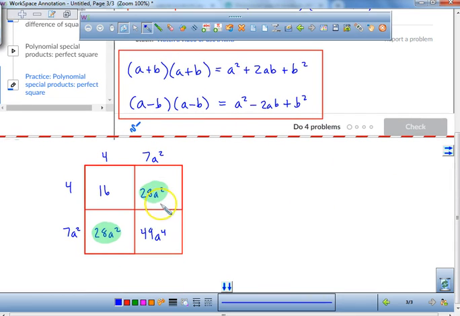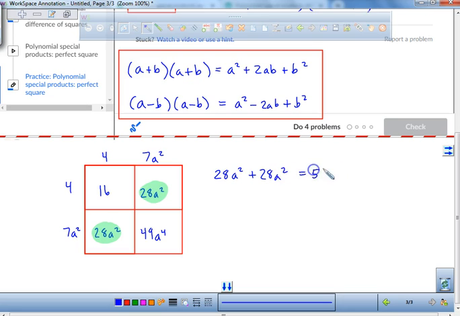But would you guys agree that if I took 28a squared and I added another 28a squared, that's a total of 56a squared? Which is the same as just saying twice 28a squared.